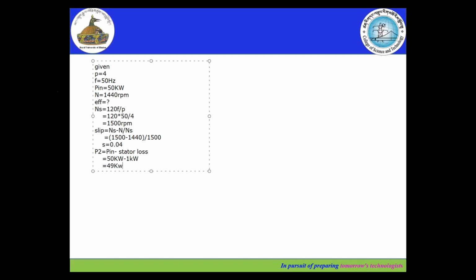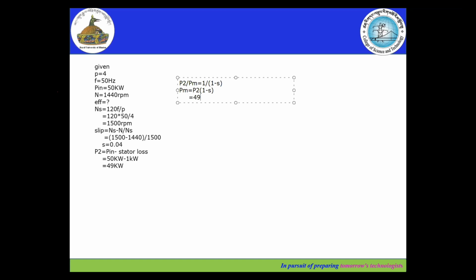From the relation, we know that P2 by Pm is equal to 1 divided by 1 minus s. So from here, we can calculate Pm, which is given as P2 times 1 minus s. We know that P2 is equal to 49 kilowatt, right?